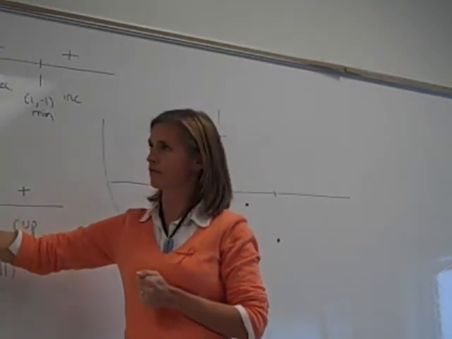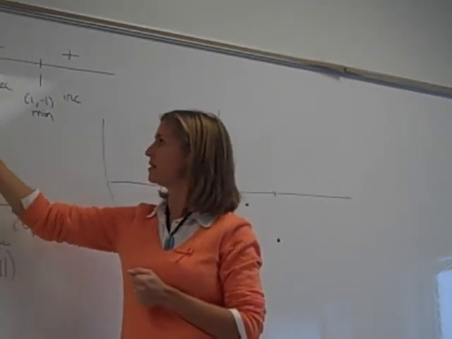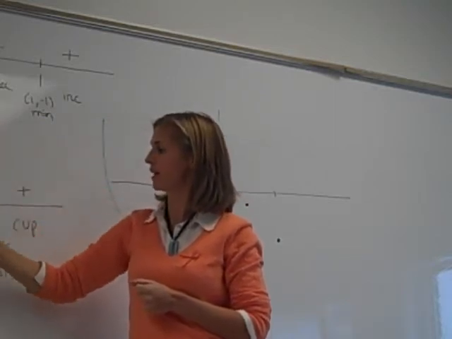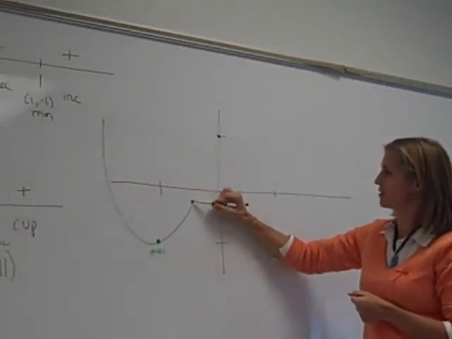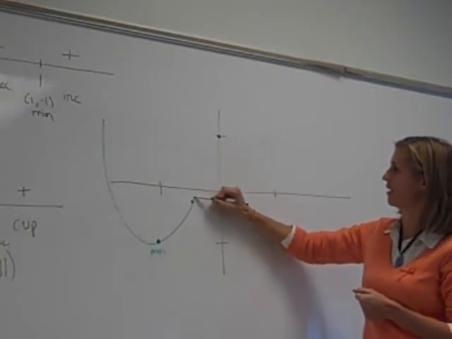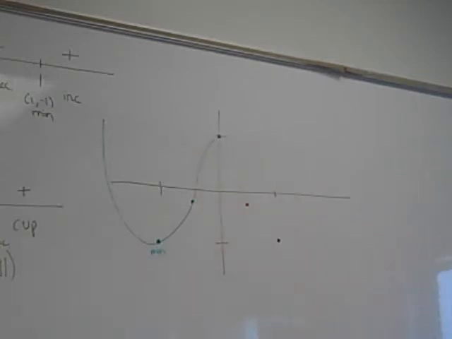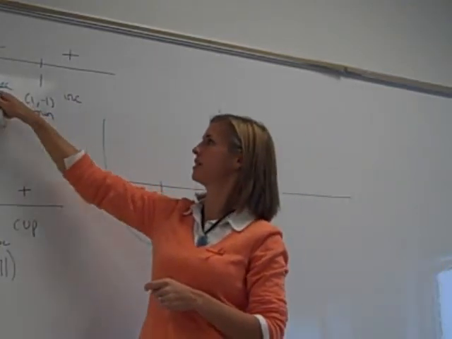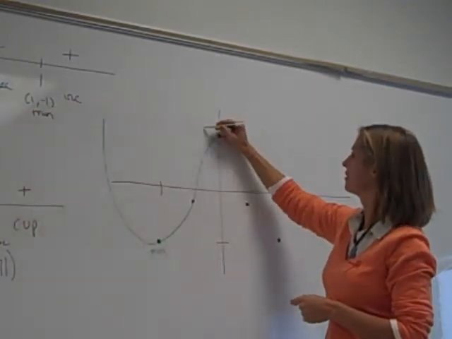From negative root of 1/3 to 0, I'm still increasing, but I have a point of inflection now, so now I'm concave down. So from this spot, I'm still increasing, but now my curve has changed direction in a way. At 0, I switched to decreasing, and at 0, I had a max.